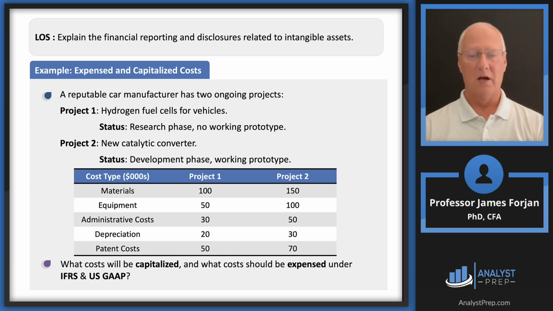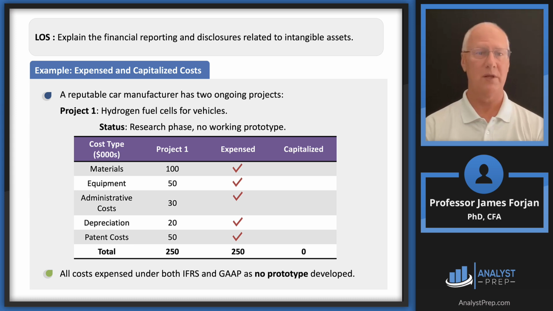Look at the question down at the bottom. Which cost will be capitalized or expensed? Since there is no working prototype and it's in the research phase, both the U.S. and the international people are expensing everything.